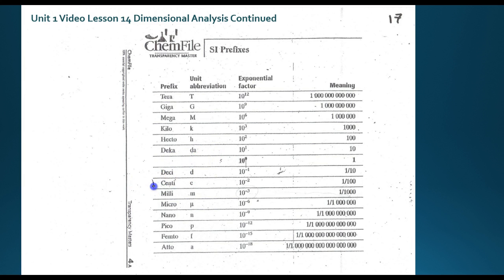In front of these prefixes you would put 1 of your prefix unit. 1 of your prefix unit is equal to 1 times 10 to the nth power of your base unit. That is the format that you would use.